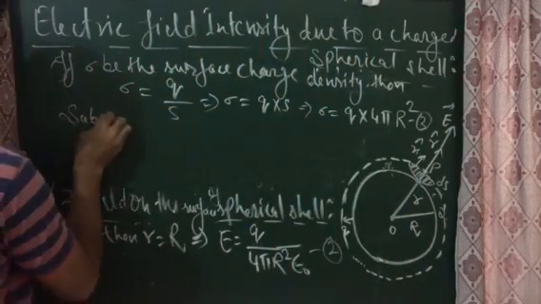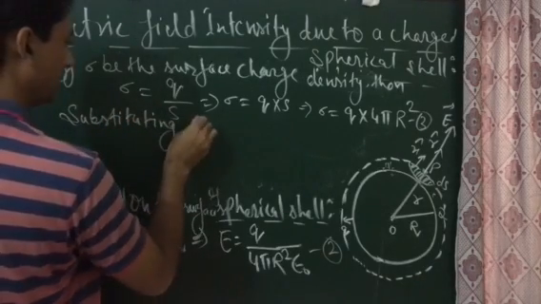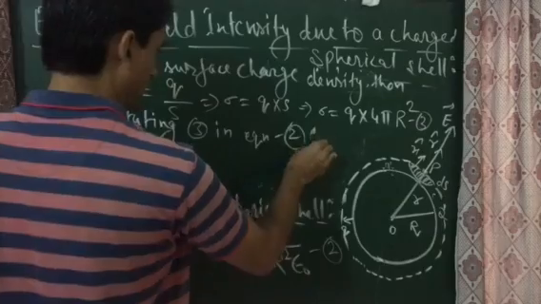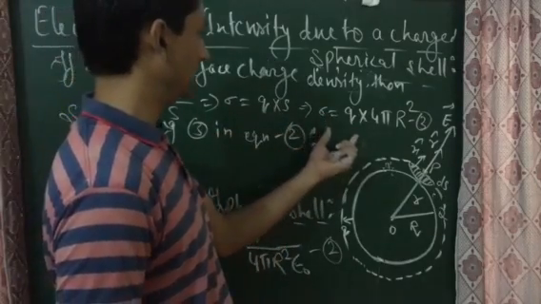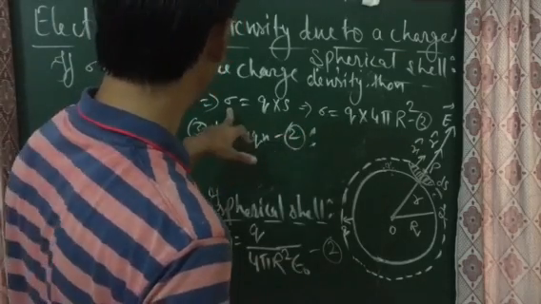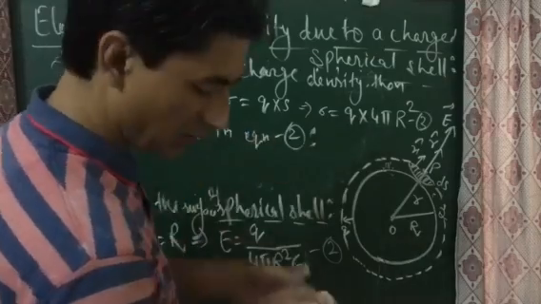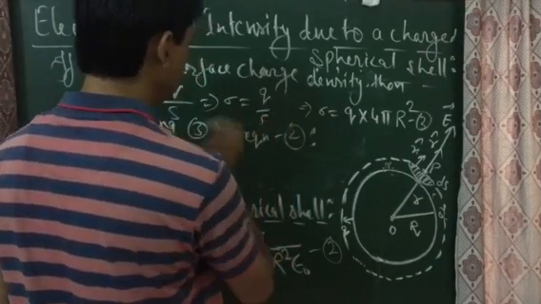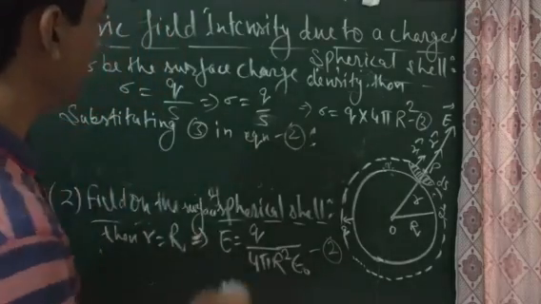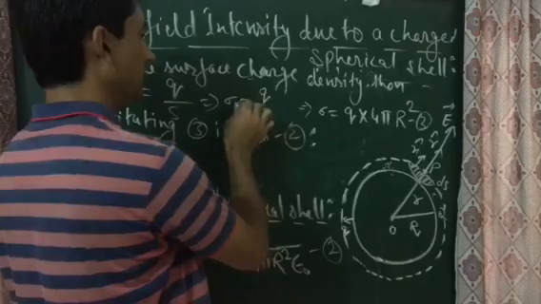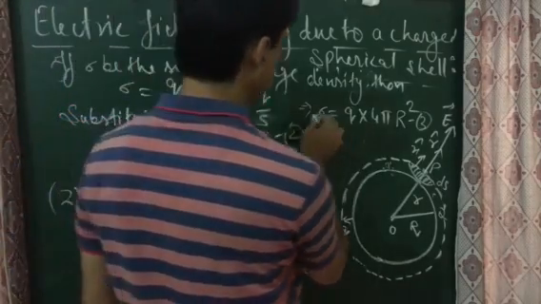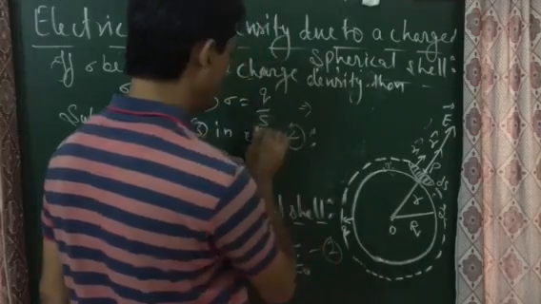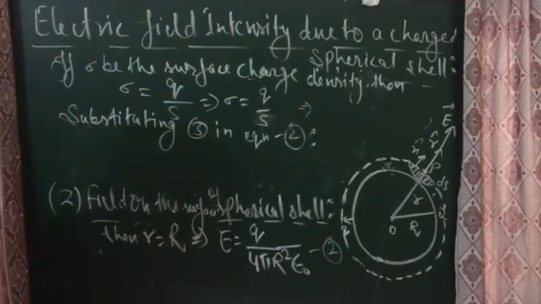Substituting the value of q from equation 3 in equation 2. सिग्मा इज इक्वल टू क्यू अपॉन एस, ध्यान देंगे, चार्ज पर यूनिट सरफेस एरिया, कंटिन्यूस चार्ज डिस्ट्रीब्यूशन में हमने पढ़ रखा है. सिग्मा इज इक्वल टू क्यू अपॉन एस. ध्यान रखा करो, बोलते नहीं हो आप.